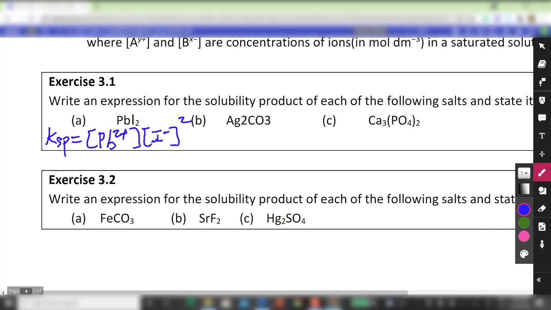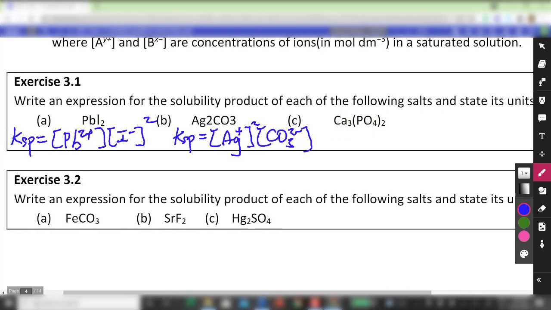The same case for silver carbonate. In this case, the Ksp will simply be the concentration of silver plus raised to the power of 2, and the concentration of carbonate raised to the power of 1.